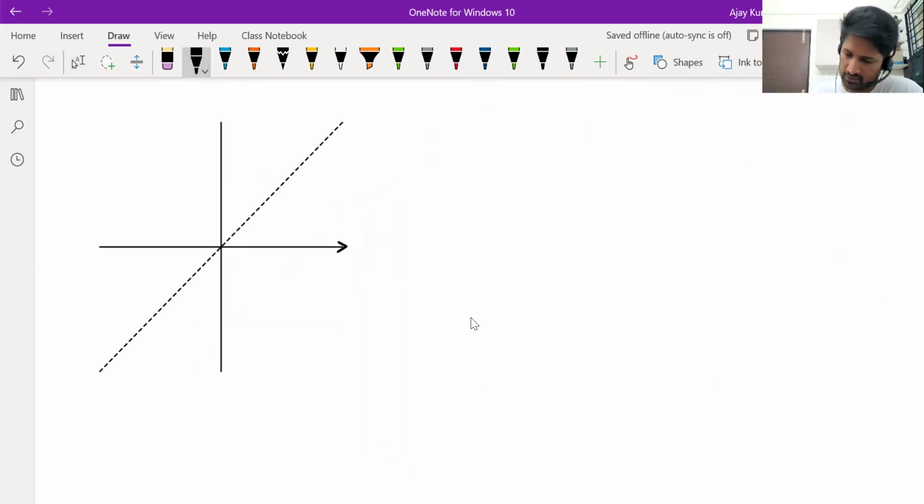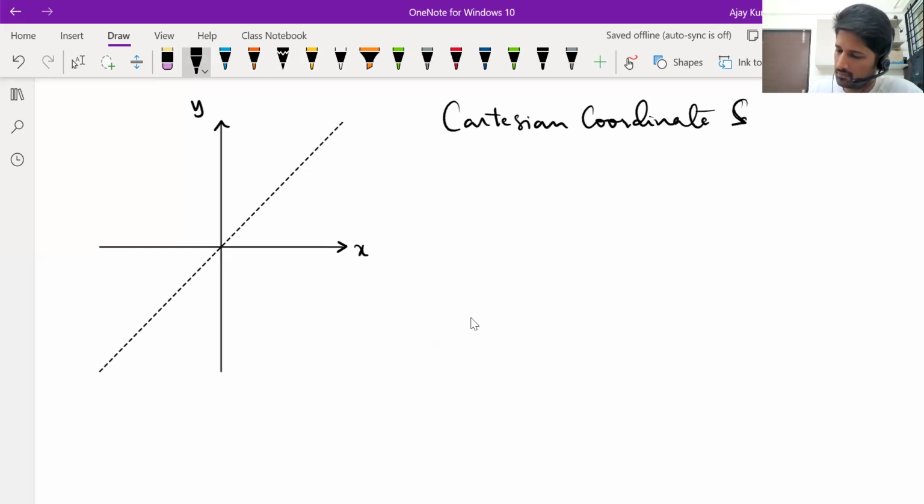Now, this is the x-axis. This is y-axis. Remember, in the Cartesian coordinate system, which is what we follow, if x is taken to the right and y is taken upward, then positive z-axis must be out of the screen.